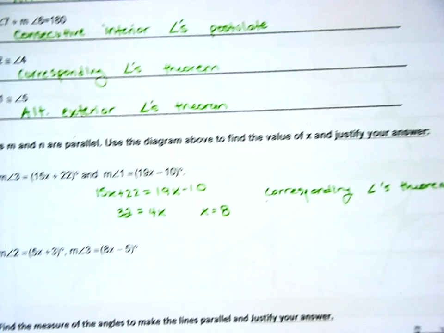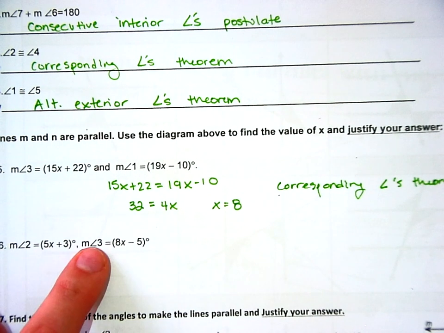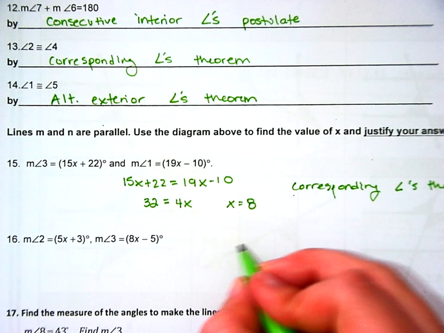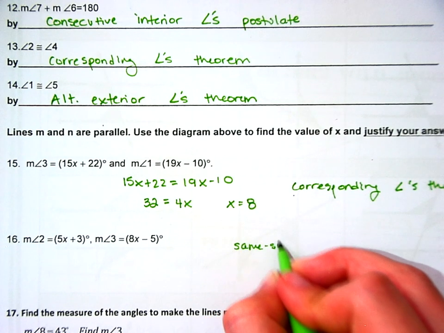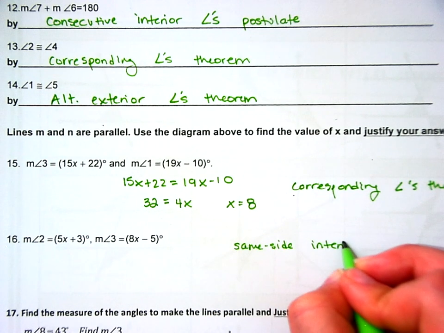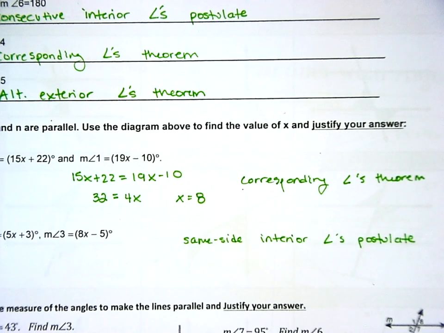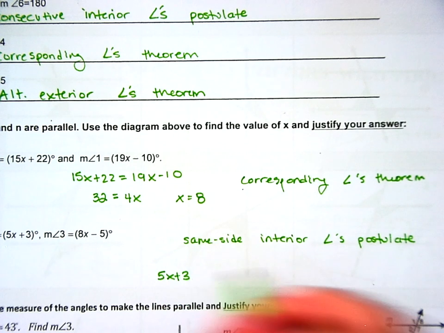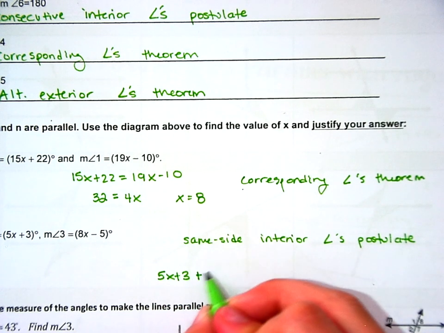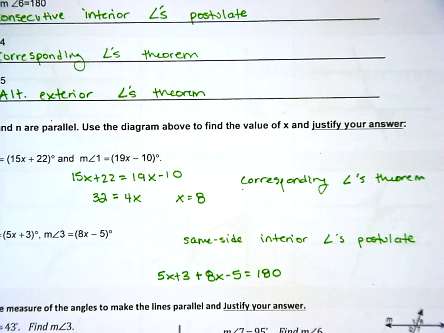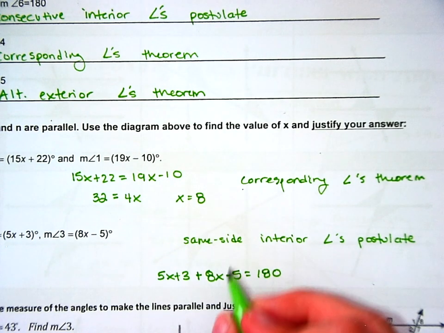All right, and the next problem is with angle 2 and 3. In that picture, those are same side interior. So I'm just going to already write that, same side interior angles postulate. So if that's true, then that means they're not equal, they add up to 180. So 5x plus 3, that's one of the angles, plus 8x minus 5, and they have to add up to 180. So let's combine like terms on the left side.